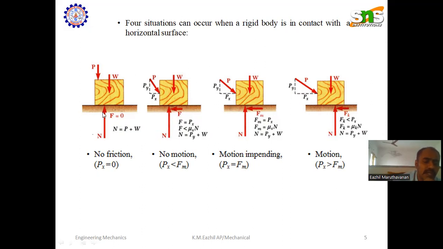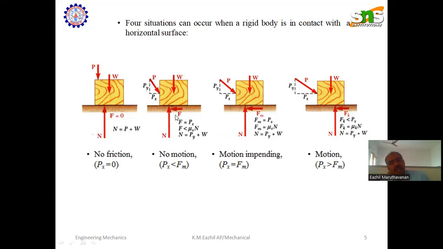N is in the positive direction, and P and W are in the negative y direction, vertically downwards. Therefore, N is equal to P plus W, where N is the normal reaction on the block. There is no frictional force, therefore Px is equal to 0.